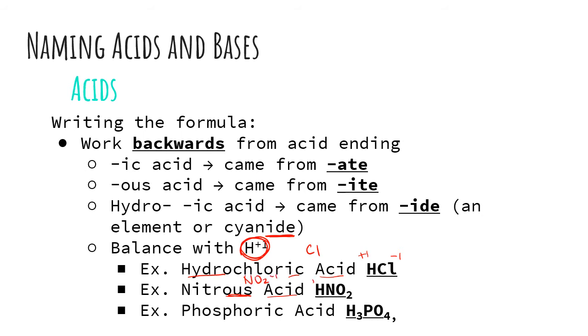NO2 is -1, so we've got +1, -1, so it's just HNO2. If I have phosphoric acid, the ic acid tells me it came from ate. So we have hydrogen plus phosphate, which is a -3 charge. So if we have +1 and -3, we crisscross, and that gives me H3PO4.